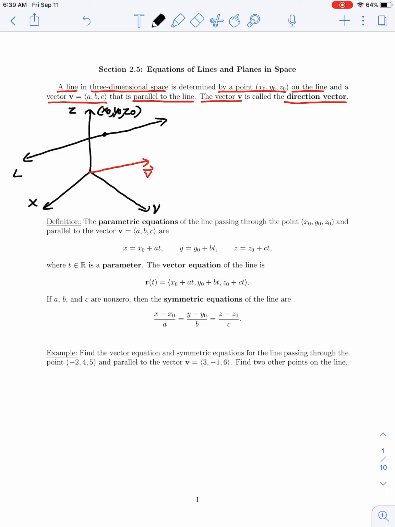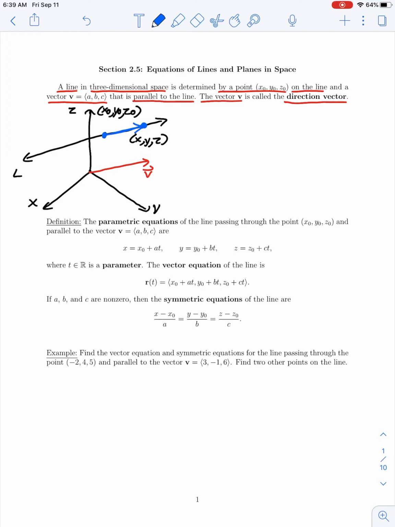So let's think about how we could define equations for this line. If we're interested in representing other points on this line, let's take any other point on this line. We'll call it x, y, z. Now we can see that the vector whose initial point is x naught, y naught, z naught, and whose terminal point is x, y, z, would be a vector that lies on this line.